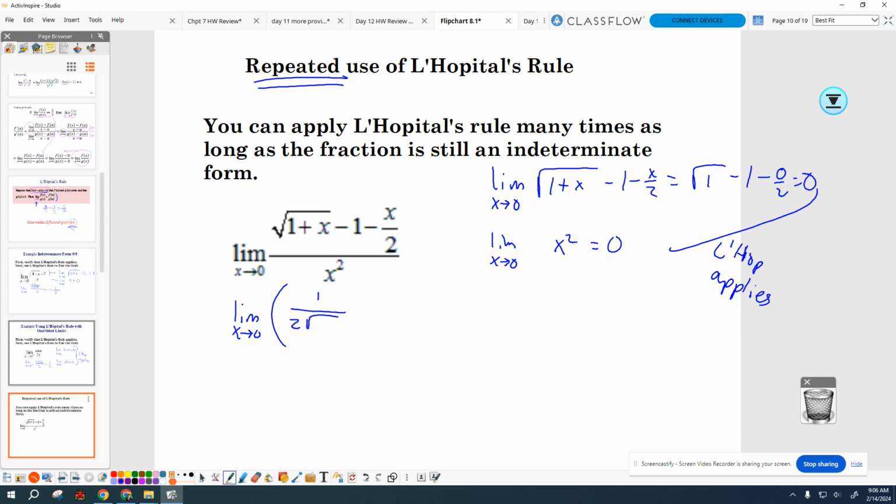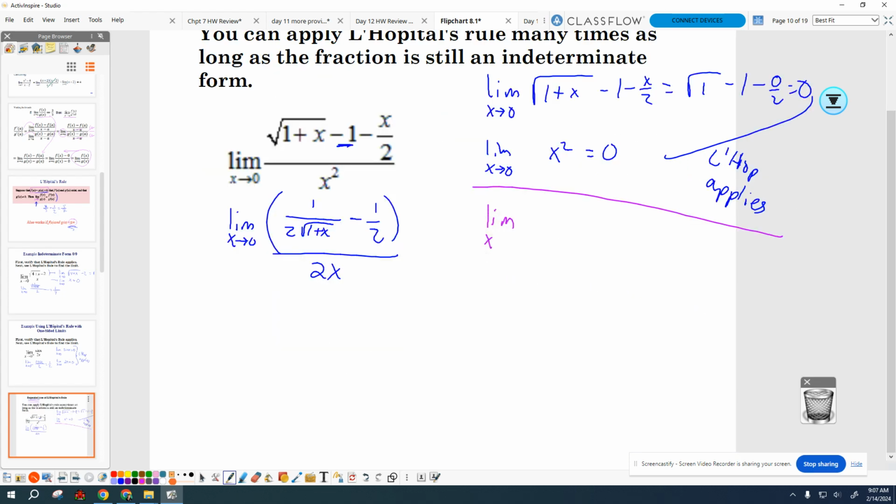Multiply by the power, lower the power, multiply by the derivative of the stuff inside, which is just 1. This 1 goes away, and the derivative of negative x over 2 is negative 1/2, and the denominator is 2x. And as I didn't say anything but underlined it, repeated use. You need to pull the numerator and denominator out again.